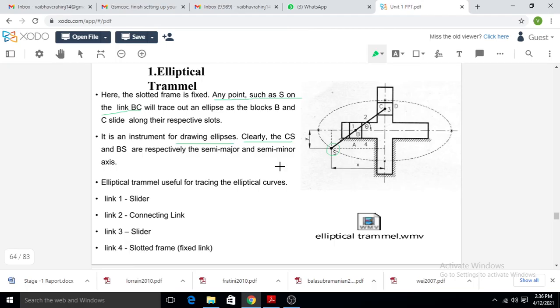Link 1 is a slider, meaning this block is link 1. The connecting rod, link B to C, is link number 2. Another slider, slider C, is link number 3, and this slotted frame is link number 4, which is the fixed link.